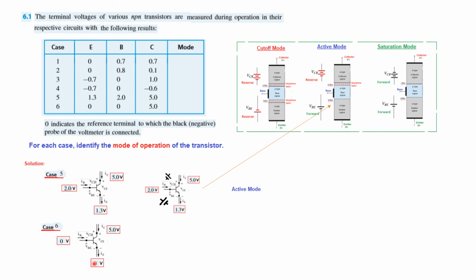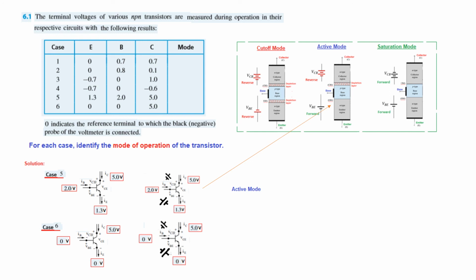But since these are at the same potential, there will be no flow of electrons, and we can say that this is at the higher potential than this with a 0 volt battery, so they are at the same potential.